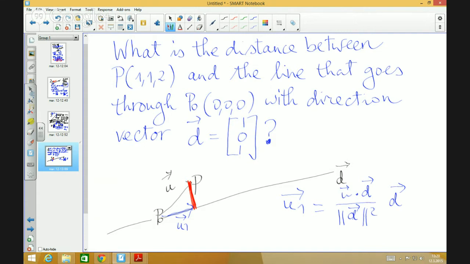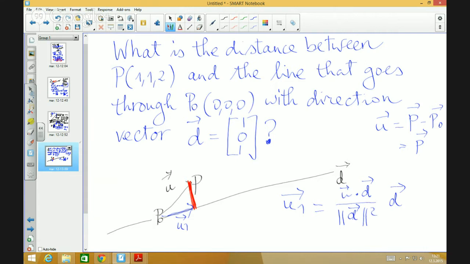But then once I know what U is, and U is nothing but P minus P0, or in other words, it's actually P because P0 is 0, 0, 0. Once I have U, I have U1, I know how to compute the red vector.